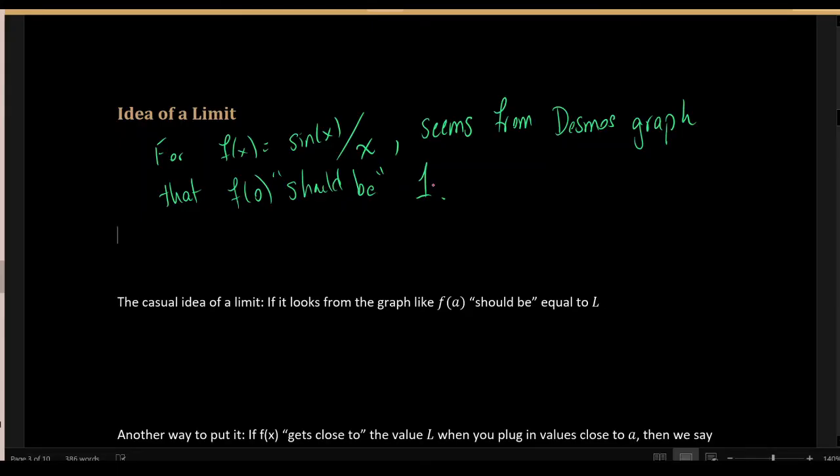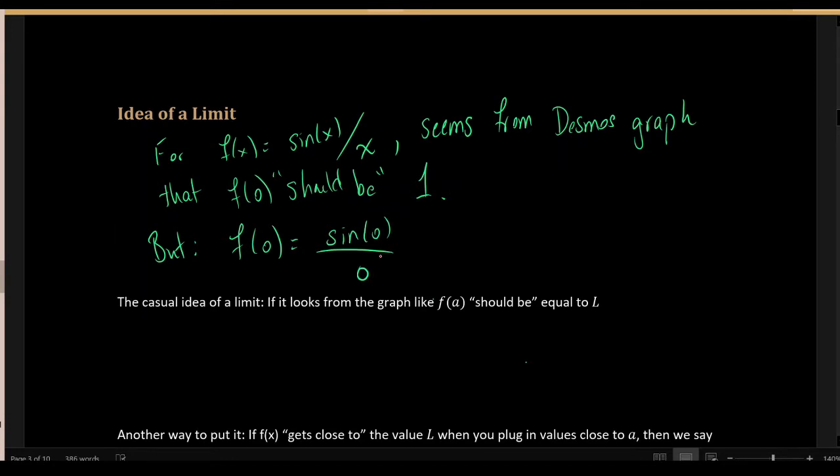However, we do have the actual formula for f of x here. And so if we wanted to evaluate f of 0, the easiest and most reliable way to do that would be to actually take 0 and plug it into the formula for x. Now if we do that, we get f of 0 equals sine of 0 divided by 0.